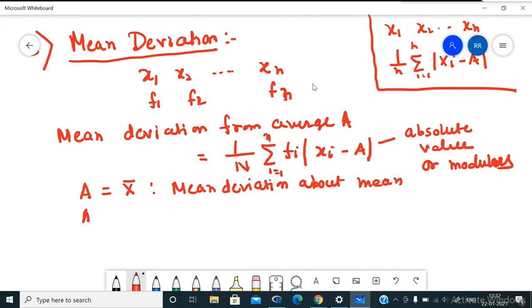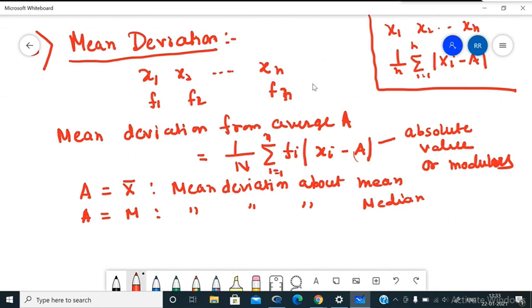And if A is equal to median, then it is known as mean deviation about median.